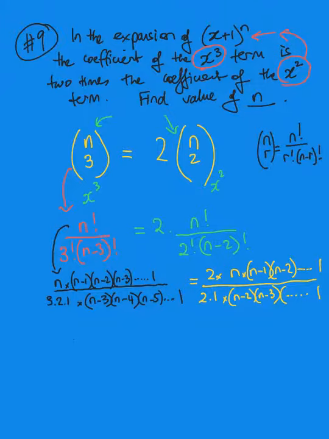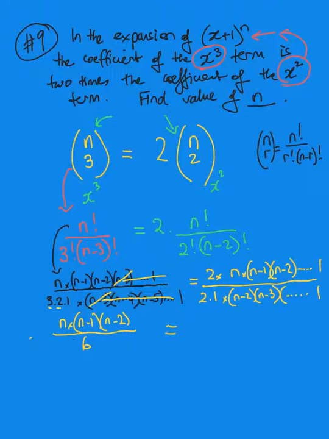Well, that looks pretty messy, but we can actually get rid of a few things here. On this side, all of this can go because it's the same. So now we're just left with n times n minus 1 times n minus 2 over 3 times 2, which is 6.